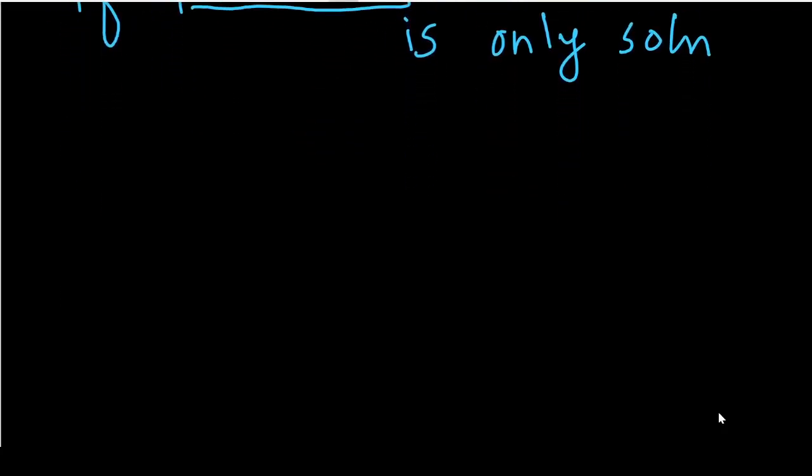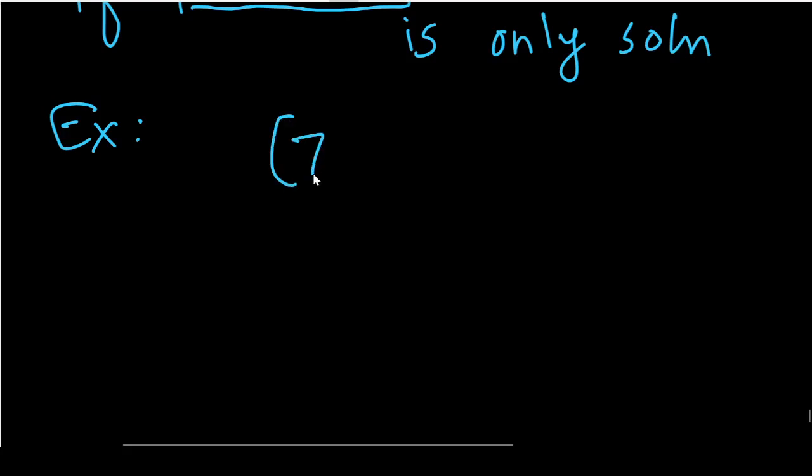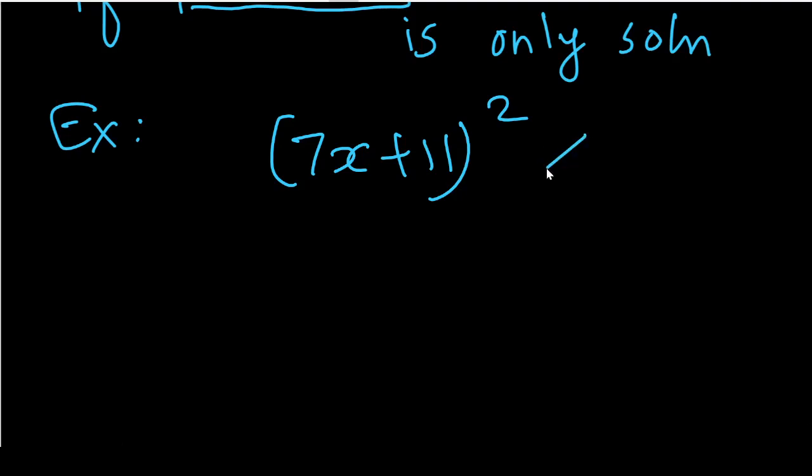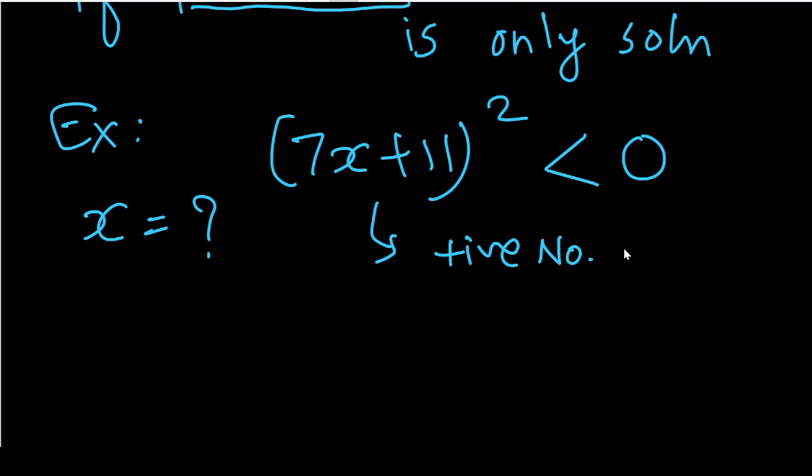Now what if, guys, taking the previous example and continuing with that, I remove the equality sign. Now it is (7x + 11) whole square less than 0. What is x? As discussed, this is a positive number. Whatever real value you assign to x, positive less than 0 is a false statement.